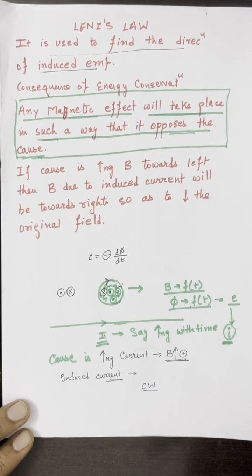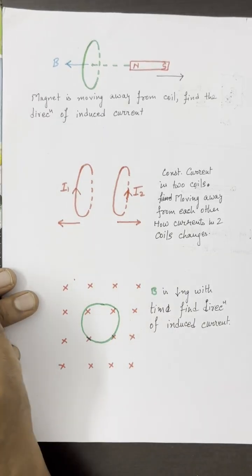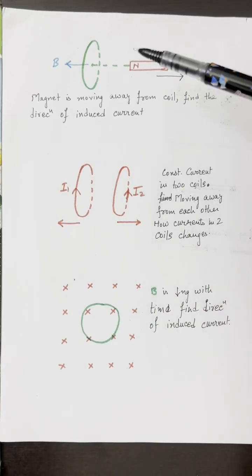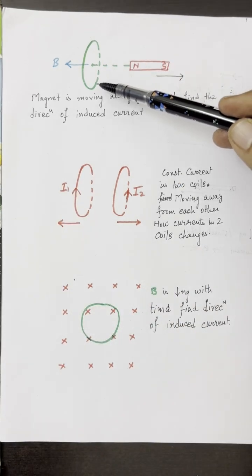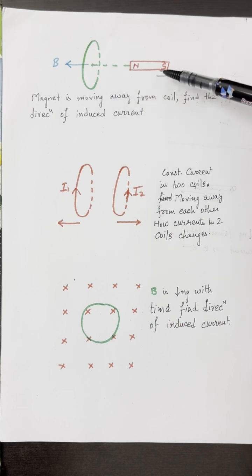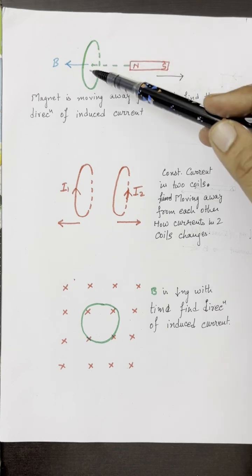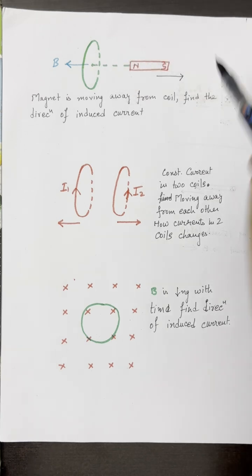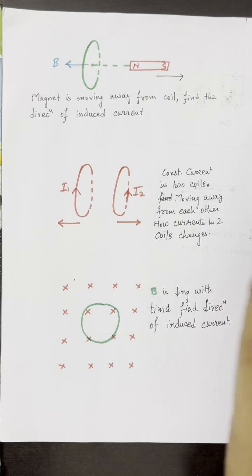Now take another example. Let's take this question. In this question, one conducting coil is there, near to which a bar magnet is placed. The north pole of the bar magnet is nearer to the coil, and the bar magnet is moving away from the coil.